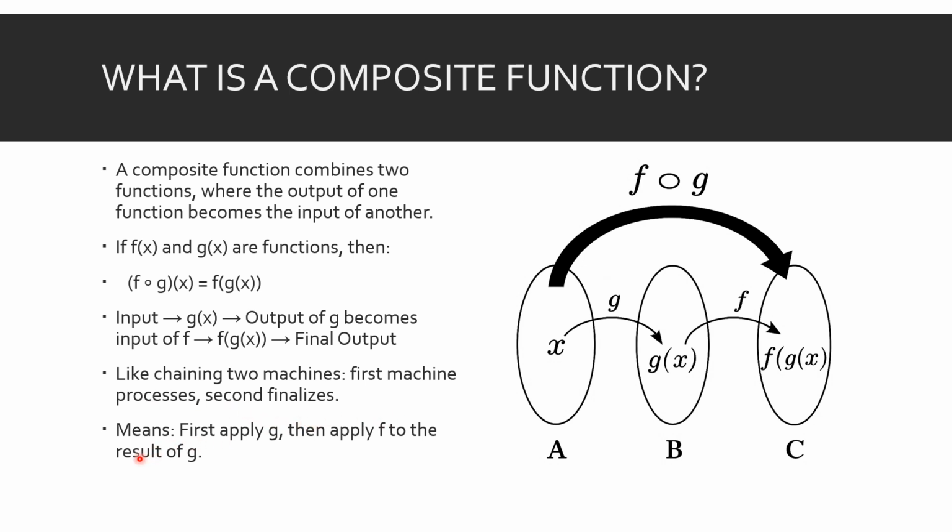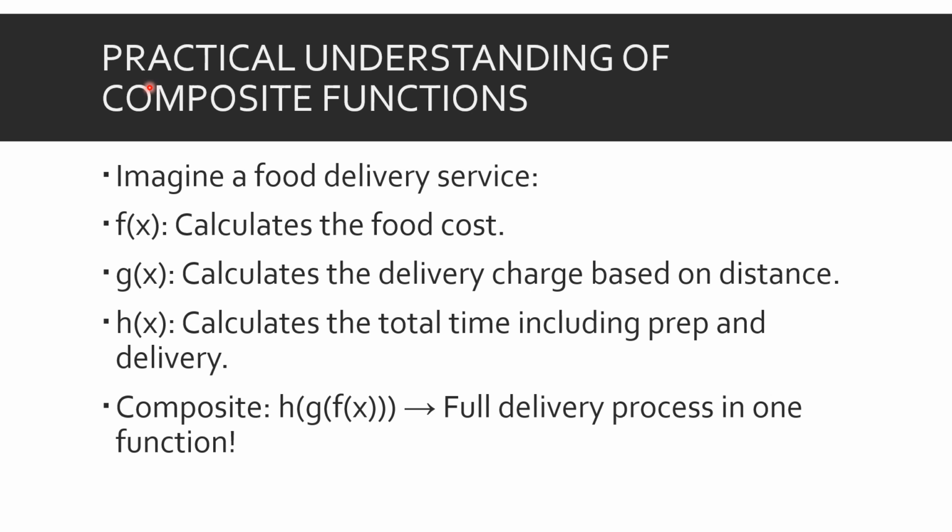So here we have to understand what a composite relation is. It means first apply g, then apply f to the result of g. That is what a composite function is supposed to be. It is denoted as f composite g. We can also write this as g followed by f.